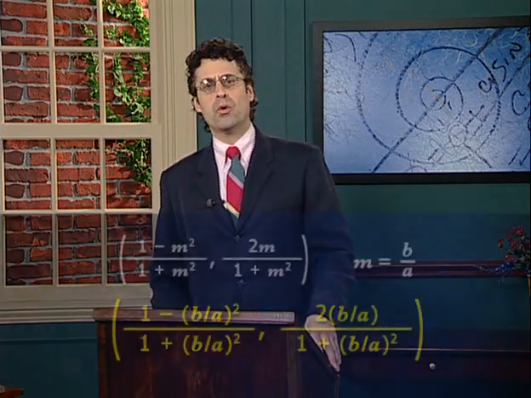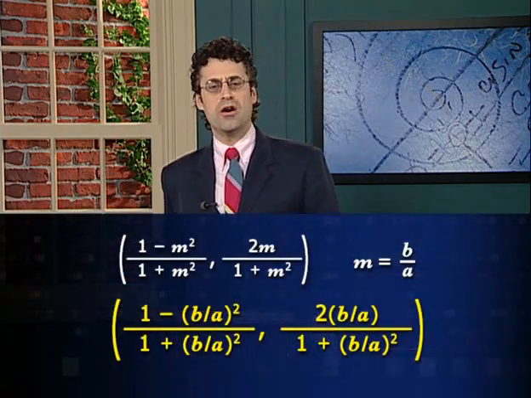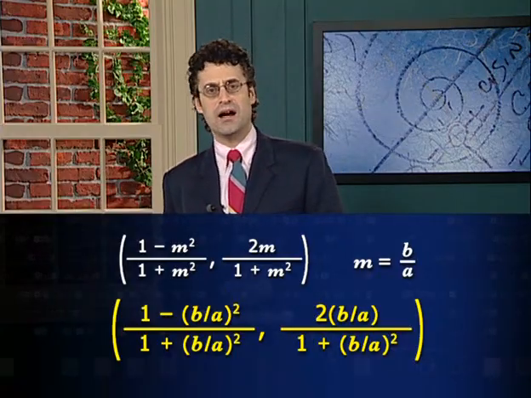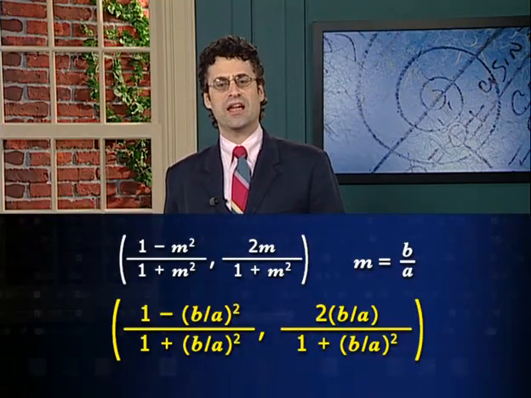So here we come. Well, given m as b over a, we can find the second point of intersection with the circle. We just replace all the m's by b over a's, and so that point would be, and this is going to be kind of like an algebraic tongue twister to say out loud, 1 minus the quantity b over a squared divided by 1 plus b over a all squared.